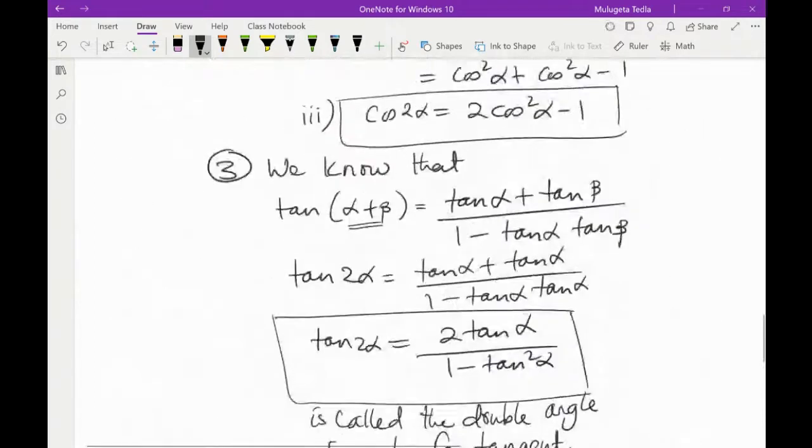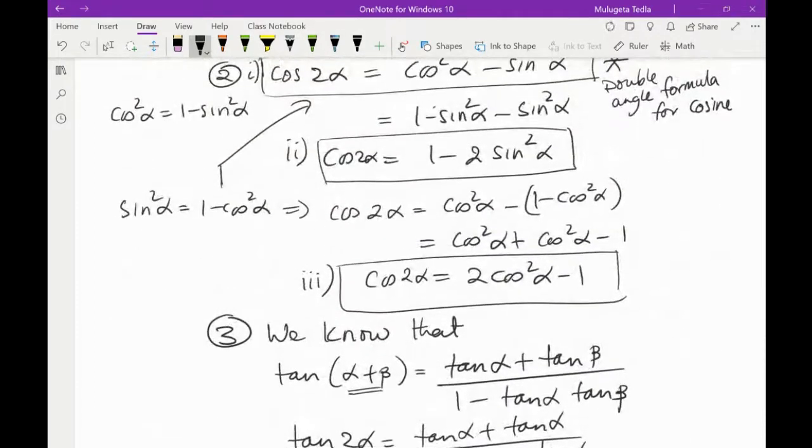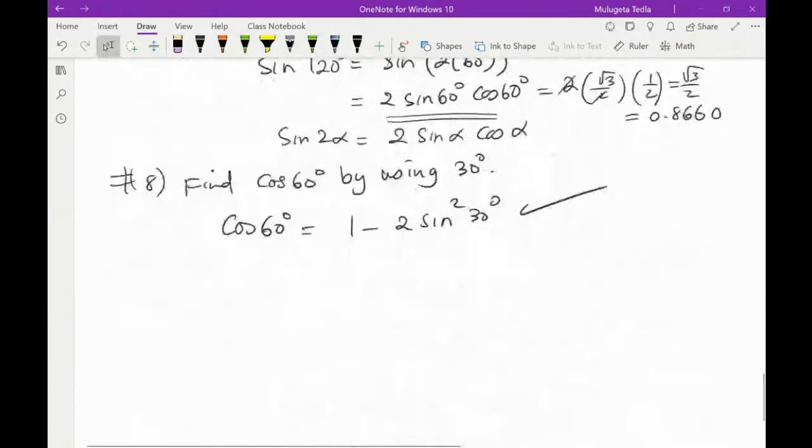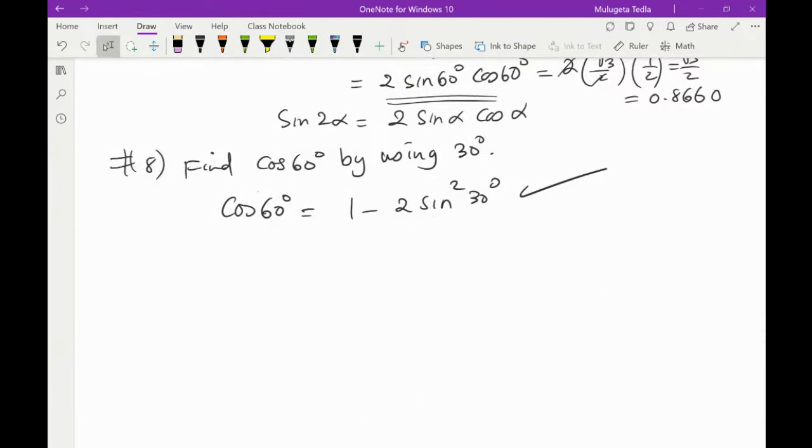Because one of the formulas I gave you for cosine is this. He used this one. That's true. This is 2 alpha and then alpha. Perfect. Sorry about that. I thought you said 1 minus sine squared alpha, which is not right. Or it would have been 2 times cos squared of 30 minus 1.